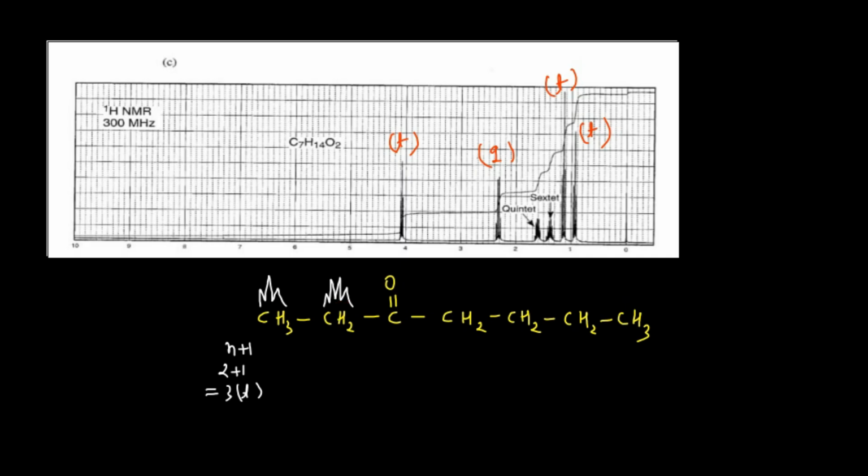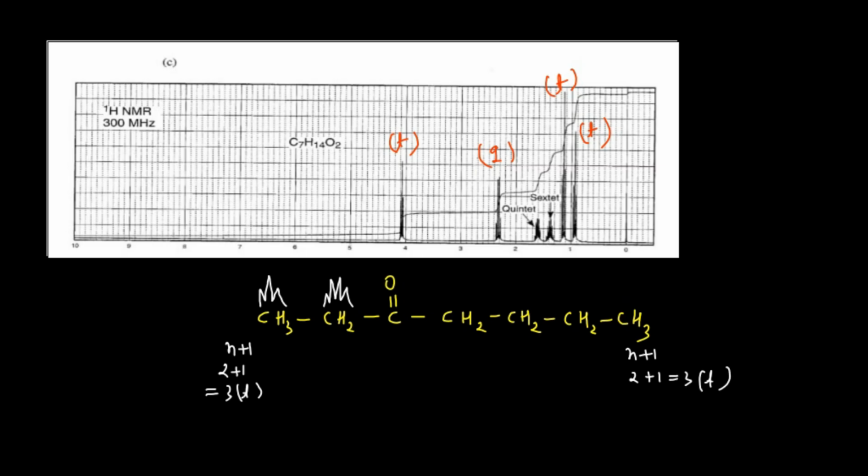And then moving here, you are looking for the splitting pattern of these three hydrogens. In the neighborhood you have only two hydrogens. If you apply the n+1 rule again here, this will give you 2 plus 1, the triplet.